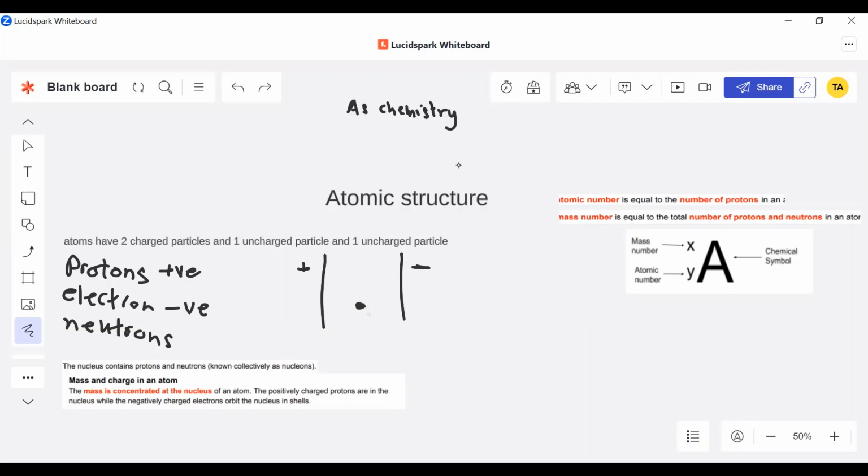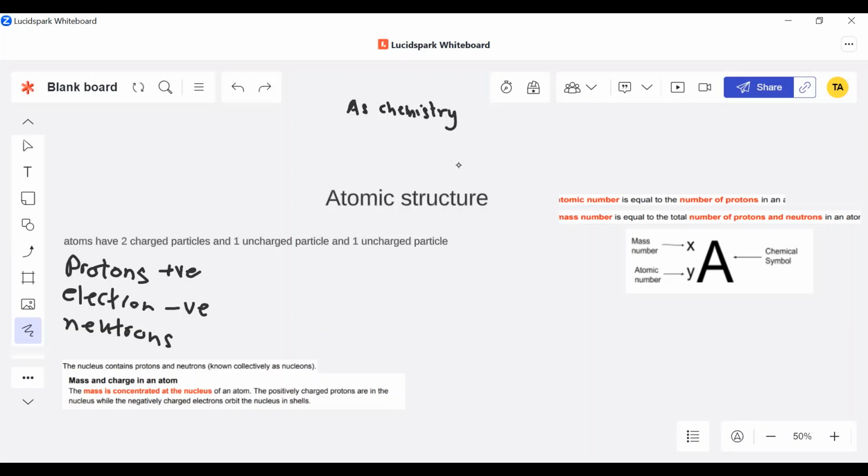Now, because this is positively charged, it will get attracted by this negative charge. So a proton will be attracted to the negative charge. And similarly, if this was an electron, then it would be attracted to the positive plate. And if it was a neutron, meaning it is uncharged, it will pass straight through.